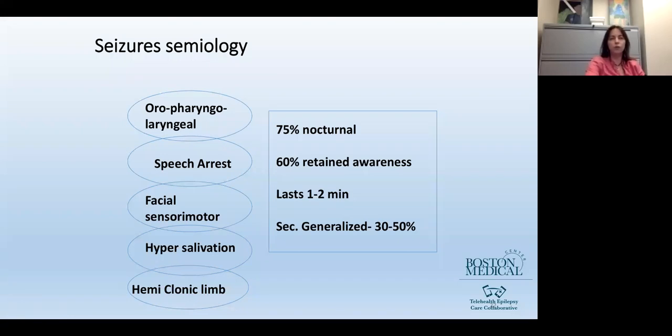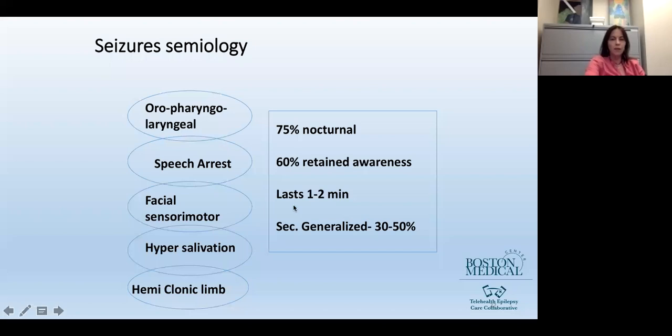So it's not due to dysfunction of the left hemisphere that is usually our speech area, but rather due to malfunction of the oropharyngeal muscles that are involved in controlling the muscles of speech. So during this time, the patient is actually aware. The patient is aware that he's not able to speak.